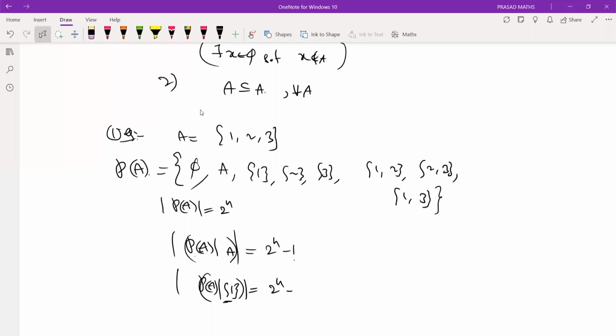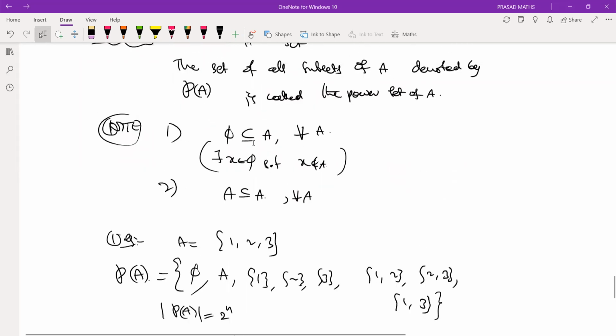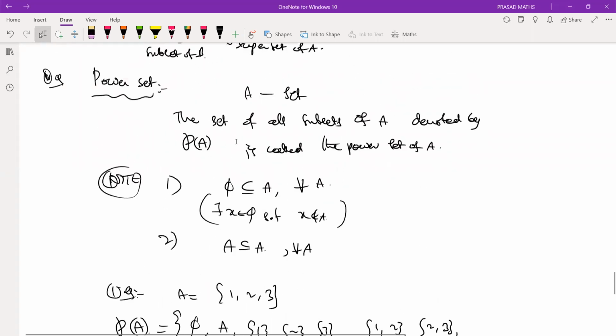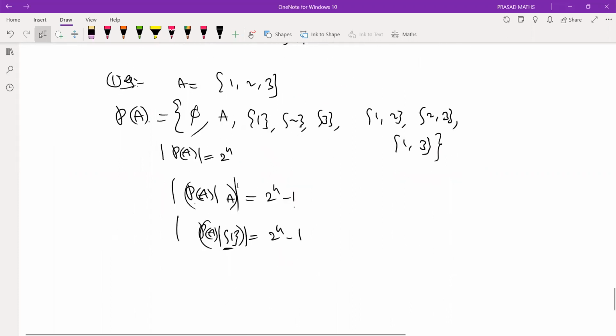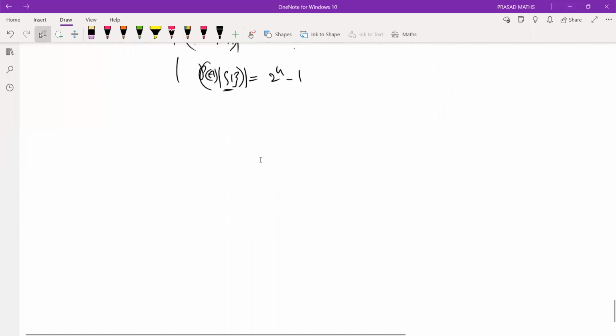Power set is a set of all subsets of the given set. This is very important because of Cantor's theorem: there is no bijection between A and its power set. This is also an important concept when defining the countability of a set. Next is the universal set.